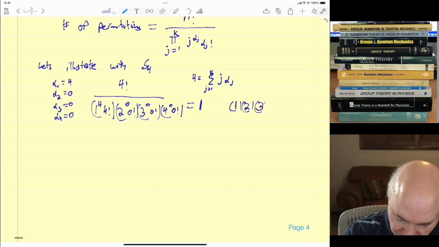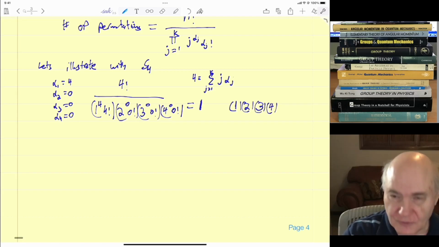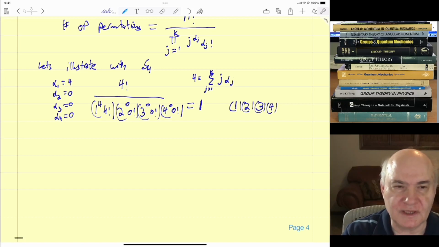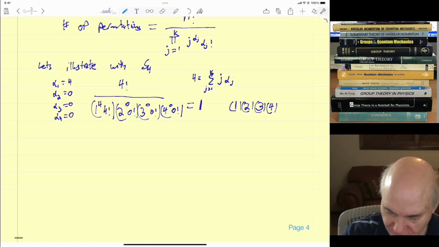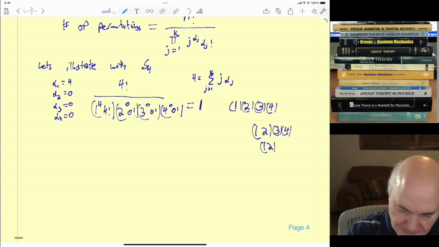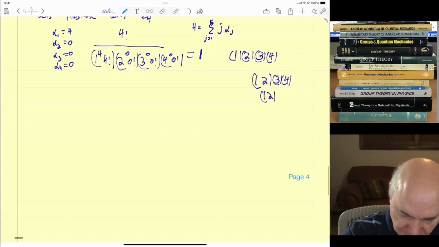By the way, when we use cycle notation, oftentimes we leave out the 1 cycles. So if we have a permutation like (1 2)(3)(4) in S4, we'll just write it as (1 2). Any of the integers that are not appearing, we just assume they're 1 cycles. Okay, just an aside there.